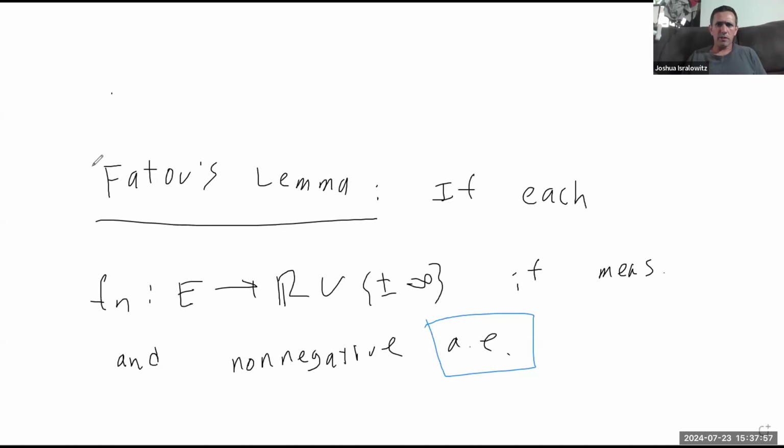So if this is true, then the conclusion of Fatou's lemma, what the book calls again the generalized Fatou's lemma, which no one else calls it that.